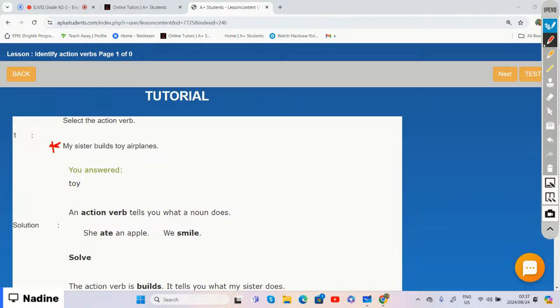All right. And if we were to underline or identify our action verb within the sentence, telling us what my sister does, then we can say builds is our action verb, and it tells us what my sister does.